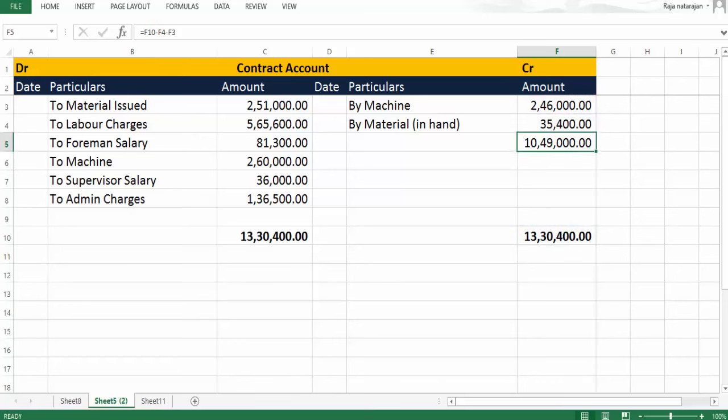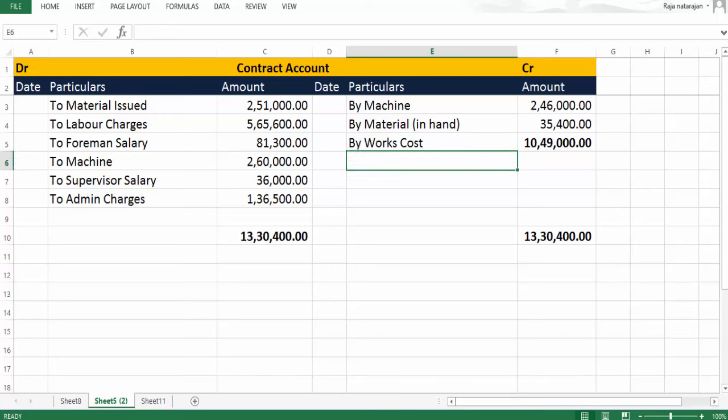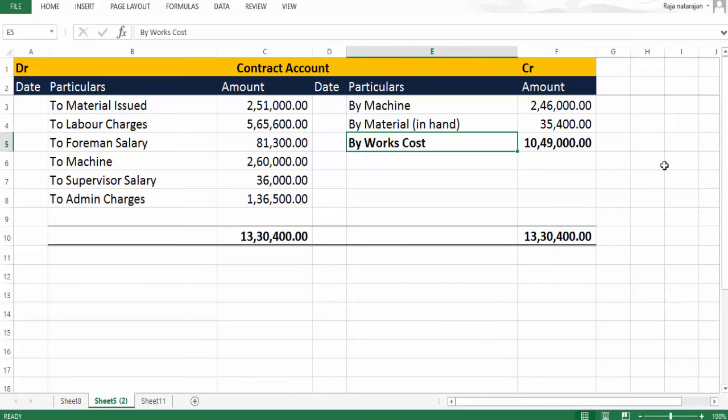It means it is 10,49,000. So what is this? This is nothing but works cost. So far some work has been conducted and the cost is 10,49,000. Now this is very important for us because once we are done with this, we can go and find out what is the notional profit.